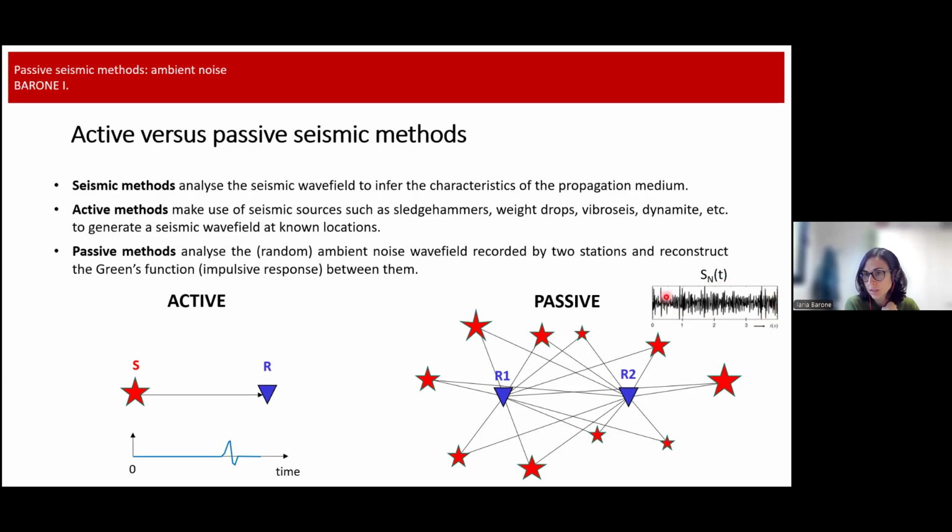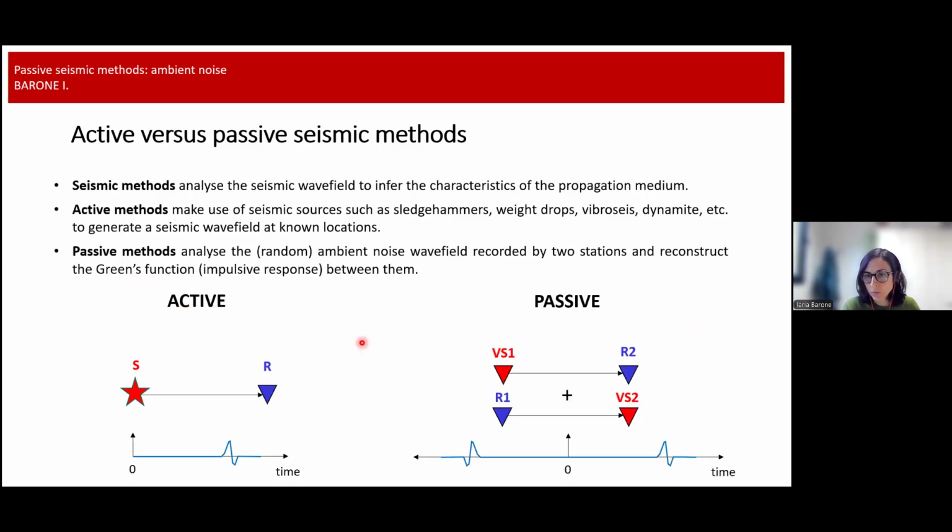Generally, the signature of each of these sources is quite random, like in this case. So the idea of passive methods is to analyze the random ambient noise wave field recorded by pairs of stations, and then reconstruct the impulse response between them. That is also called the Green's function.